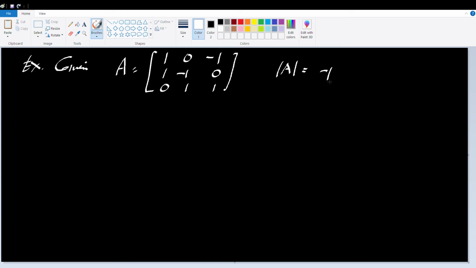So it will be negative 1, and then 0, minus 1, 0, 0, and 0. So it should be negative 2.